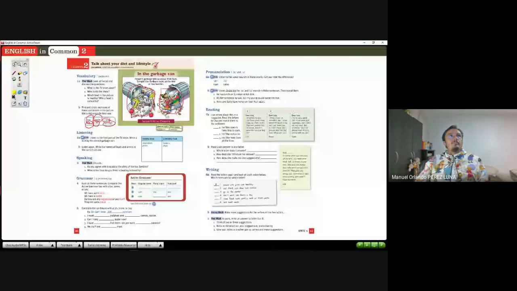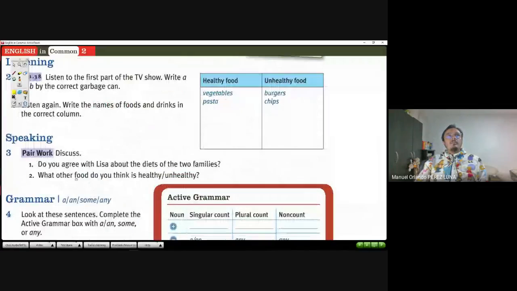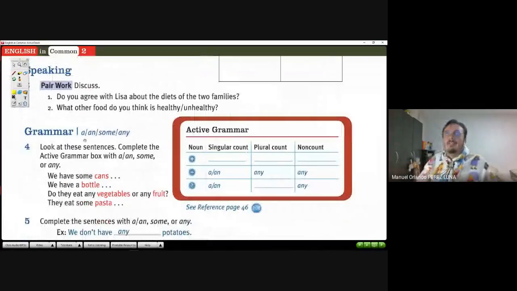We say there grammar, the use of a, an, some, and any, right? So positive in the singular and when they are countable, how do you say? Some. Yes, we say there some.